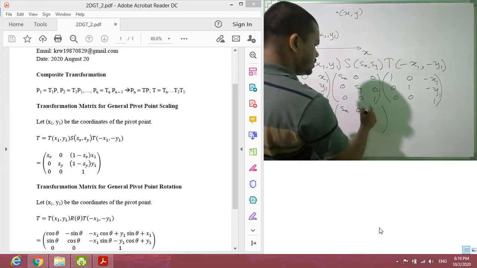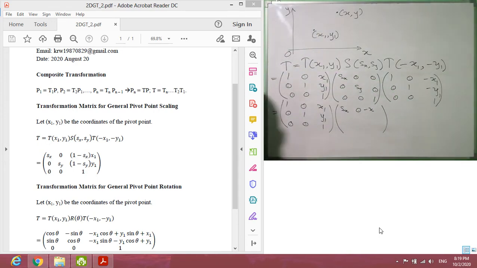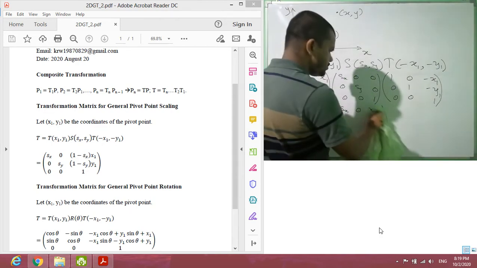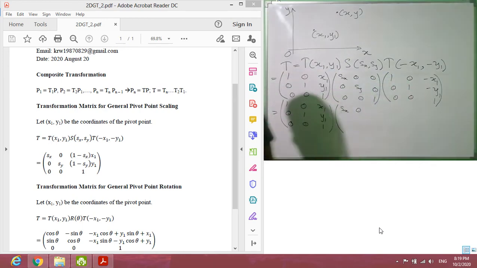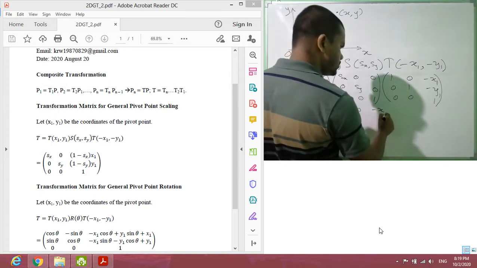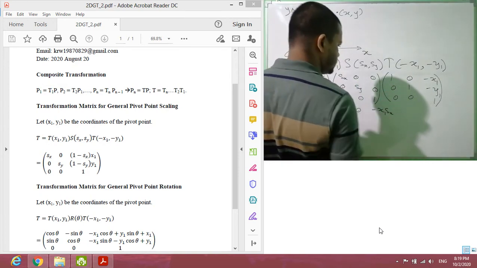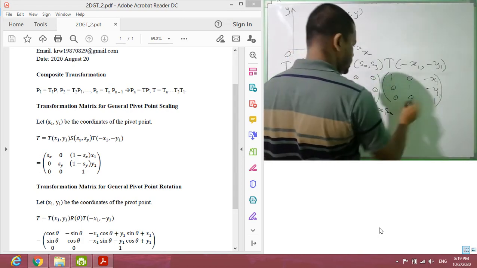Then here minus x1 Sx, 0 into this one 0 0.